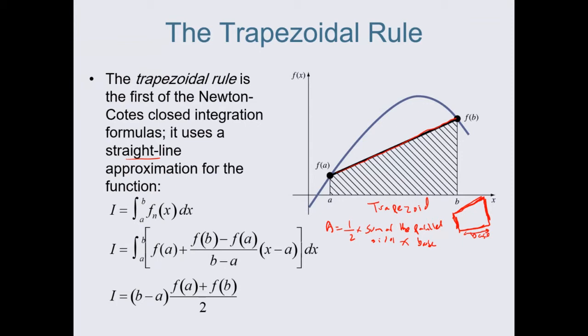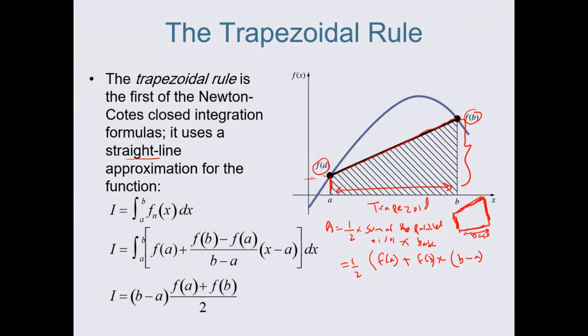So since the shape becomes a trapezoidal, you approximate your area to be the area of this trapezoidal, which is given as half sum of the parallel sides. The length here is f(a). The length here is f(b), multiplied by the base, which is the distance here, b minus a.